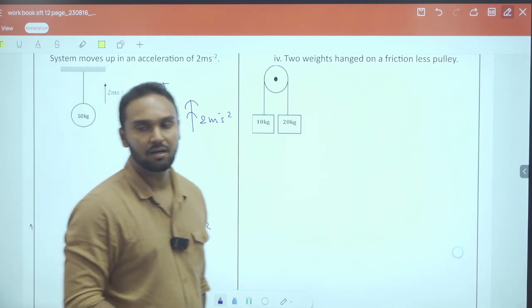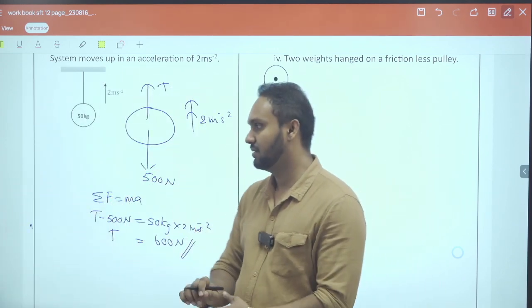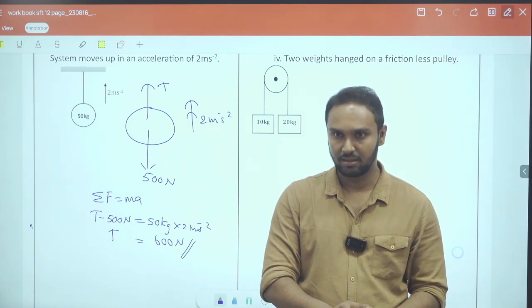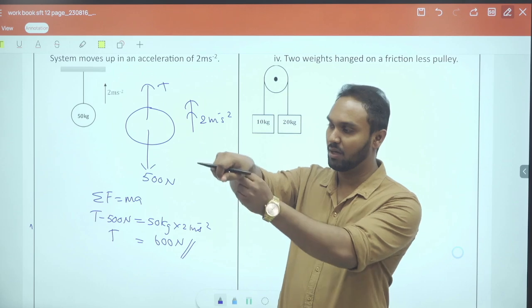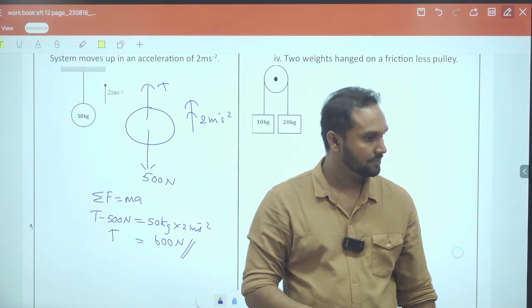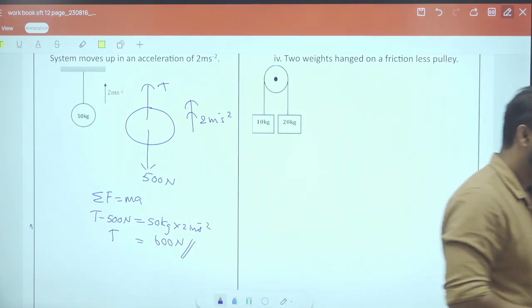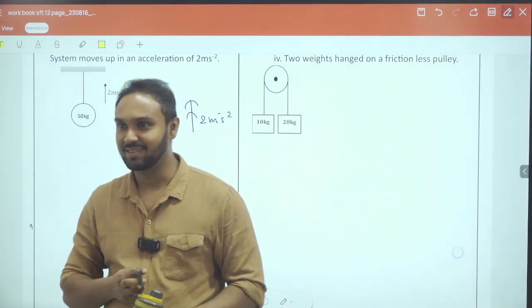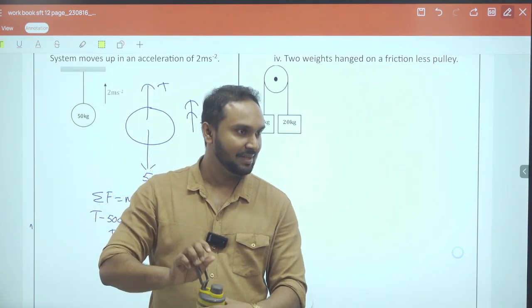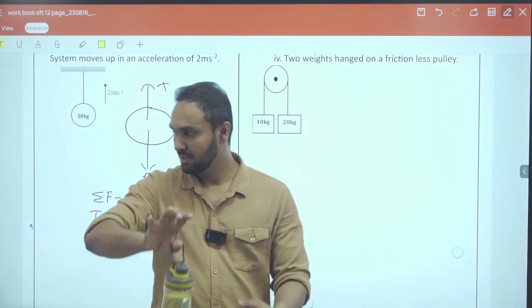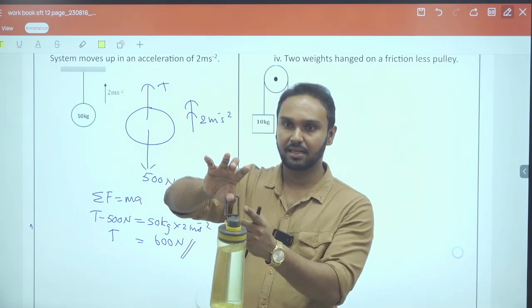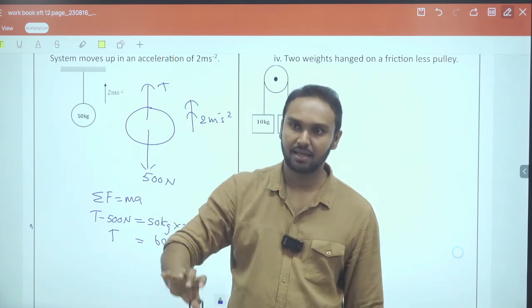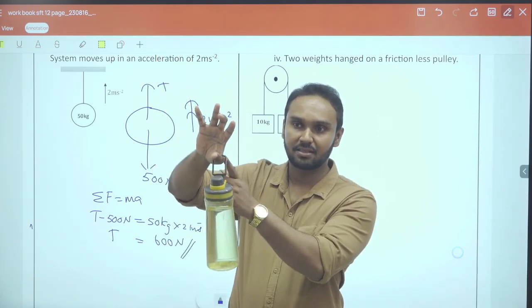So what has happened when you are moving up with an acceleration, with a rope? The tension increases, right? If we tie a rope to the wrist, do you have anything? Only the bottle is there to sacrifice. I want to feel the tension in my finger. If I move this downwards, I'll be feeling less tension in my finger.